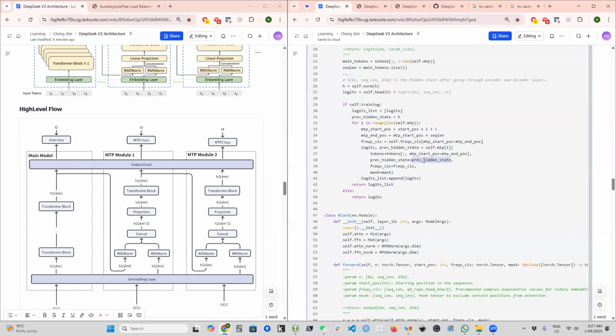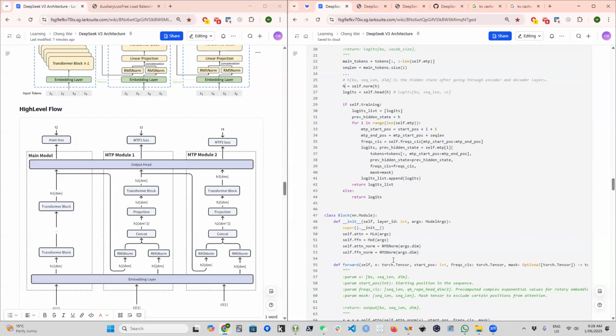Then this hidden state is coming from the main module. If we are doing the first multi-token prediction module, the previous state is coming from the main model. Then we go through the multi-token prediction.